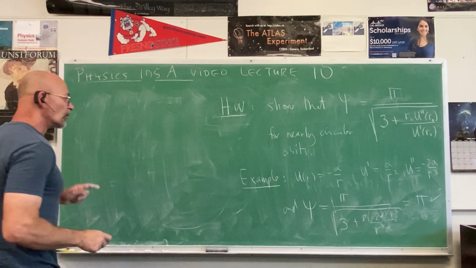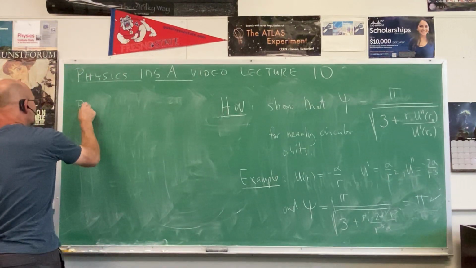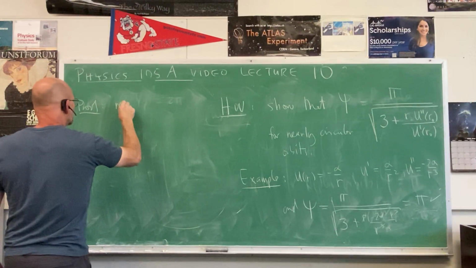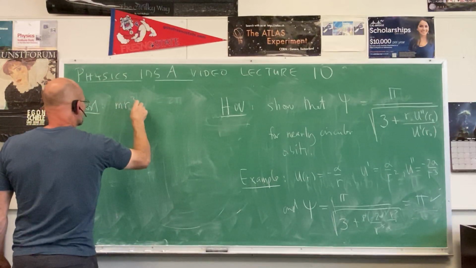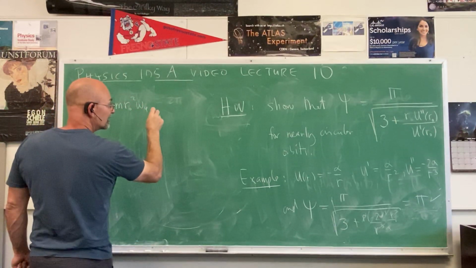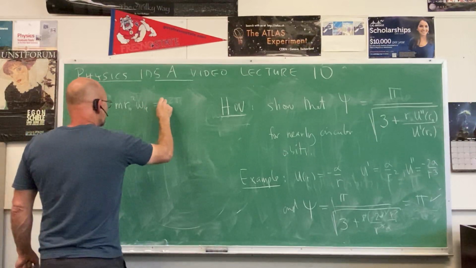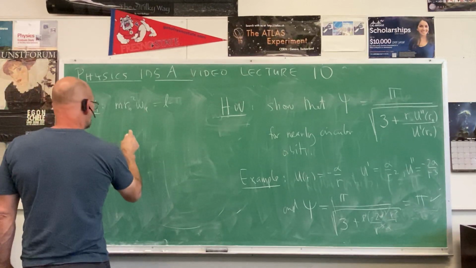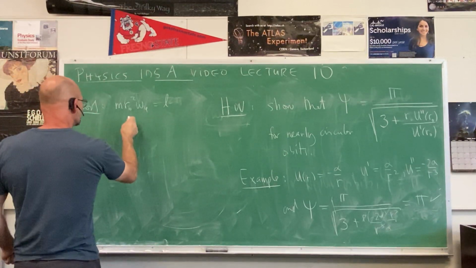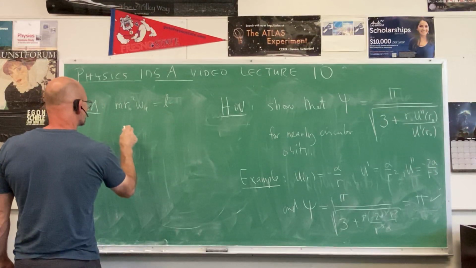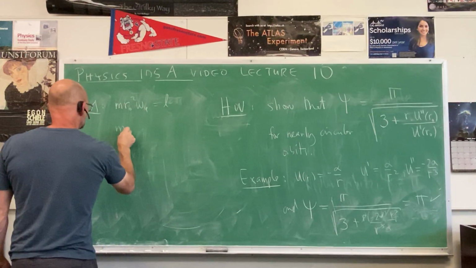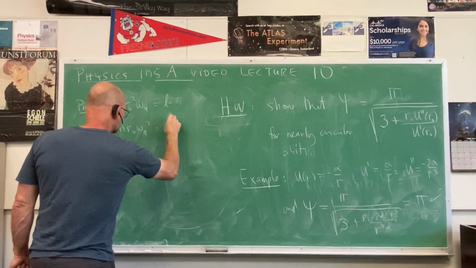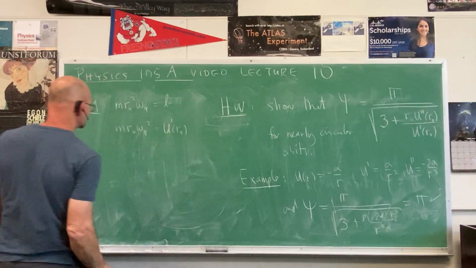So it's nearly circular orbits, and so for the proof, we have to know that m r naught squared omega sub phi is equal to L. And we also had, we saw earlier this hour, m r naught omega sub phi squared is equal to u prime r naught.